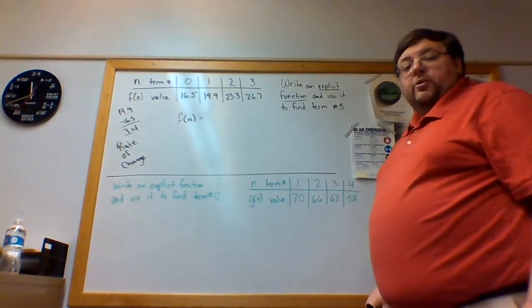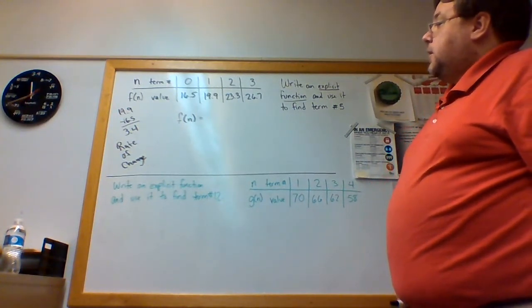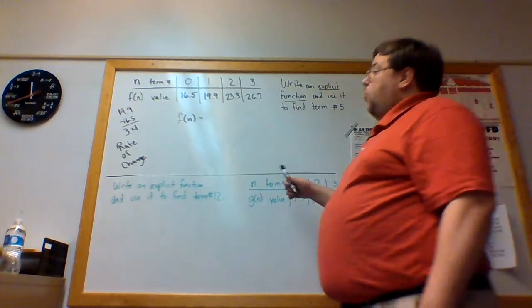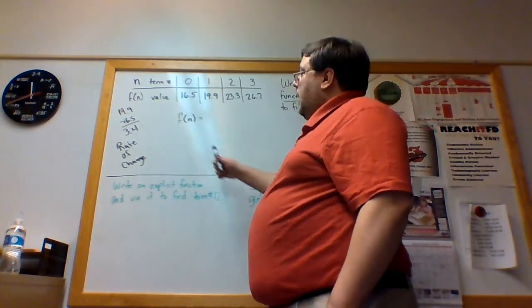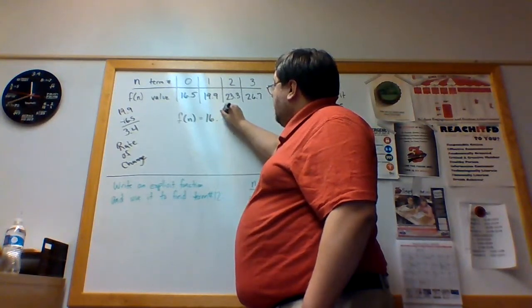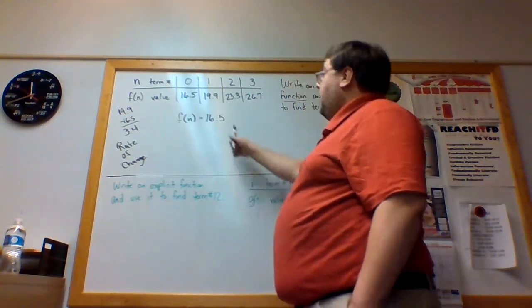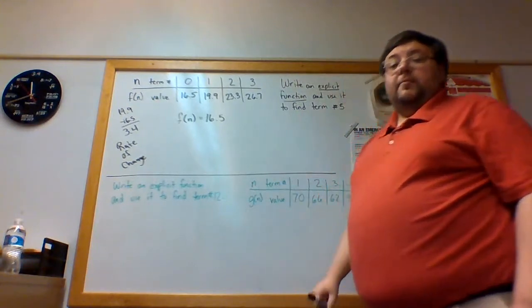Now in this pattern, it started from the number 16.5. So rather than saying f of 1 equals 16.5, I'm going to say f of n equals 16.5. And then I'm going to tell it to do stuff to that 16.5 right in this same line.